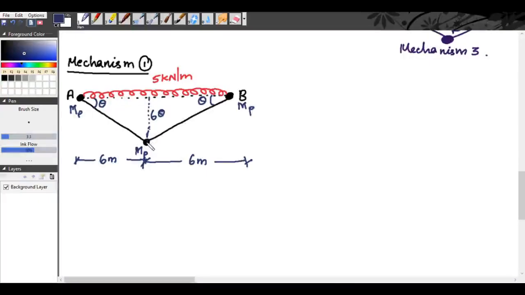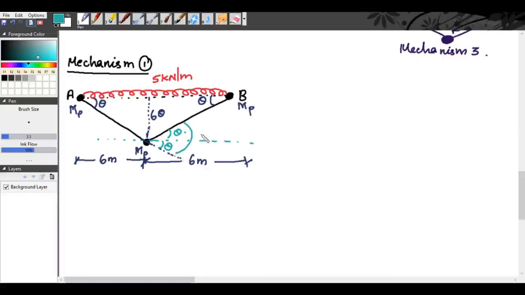Now see what this angle is. You extend this, and how will you determine this angle? If you draw a horizontal line, this line makes an angle theta with the horizontal. That means this is an extended line. This line starting from B also makes an angle of theta with the horizontal.